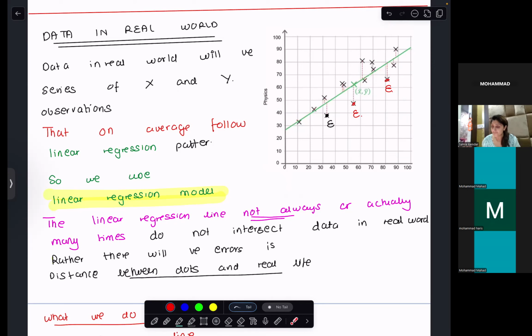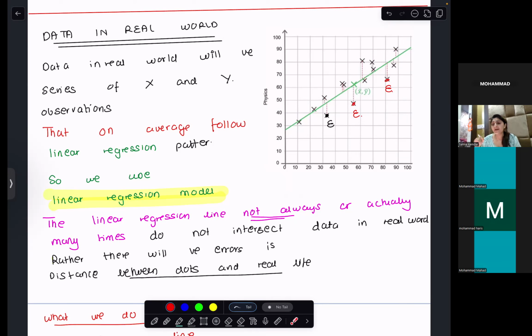What we try to prepare is a line wherein we can minimize the distance between the original data and the line of best fit. When we minimize the distance between the original data and line of best fit, it is the linear regression model.